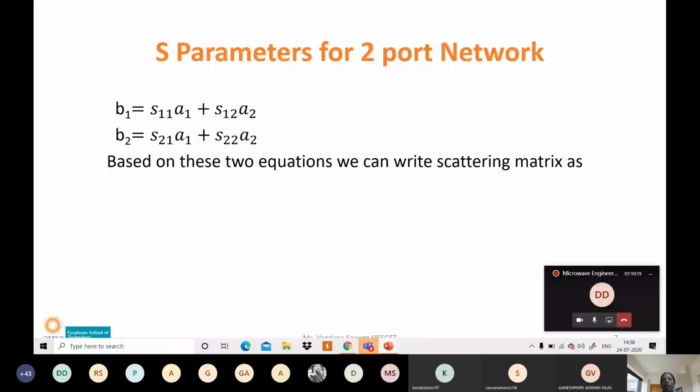First, I will write the possible output signals from these two equations, which are B1 and B2. So I will write first B1 and B2. The possible available two input signals are only A1 and A2. So I will write the input signals as A1 and A2, right?